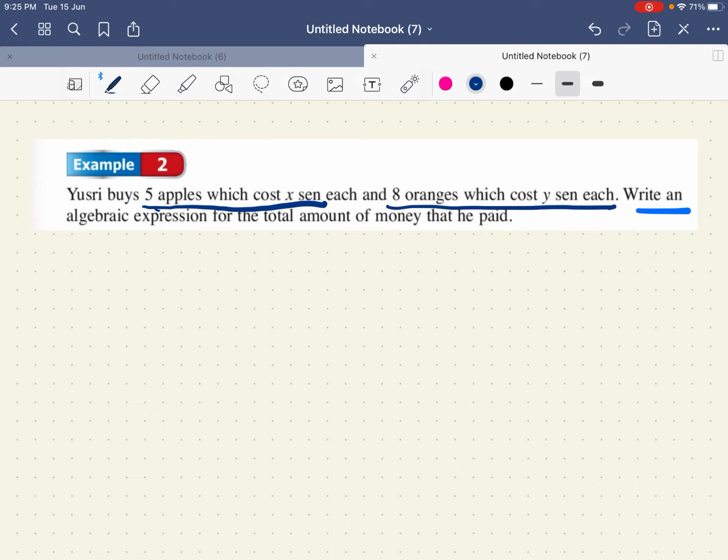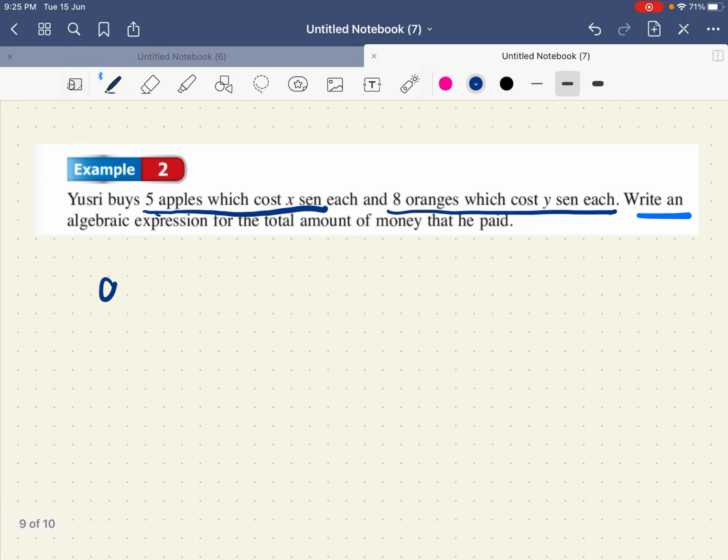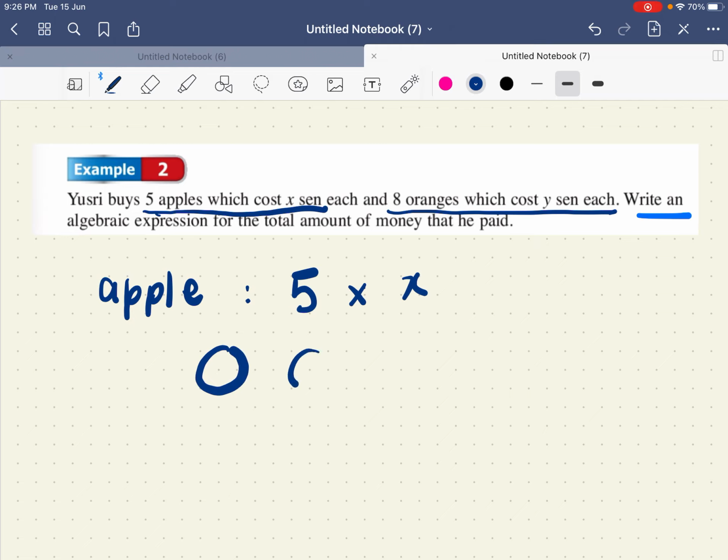Okay. So we do, kalau 5 apple. For apple we have 5 apple and we have X. So 5 akan darab dengan X. Ataupun ni buah apple sebiji, 2 biji, 3 biji, 4 biji, 5 biji.